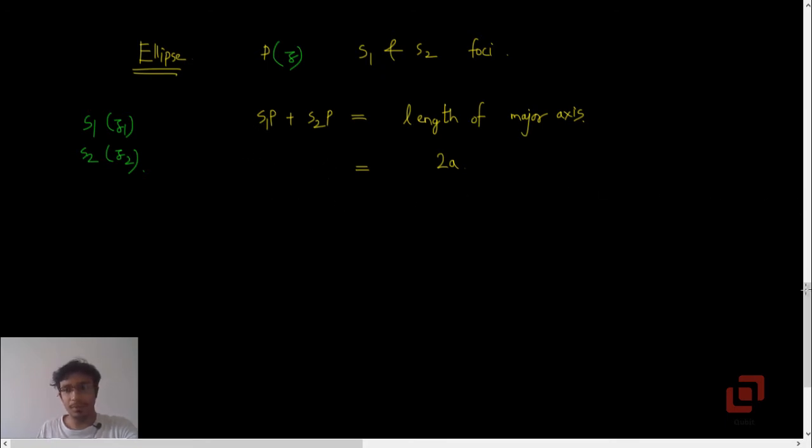Just now we have talked about that. The distance is going to be mod of z minus z1, and then distance between S2 and P, mod of z minus z2. So this is equal to 2a, which is the equation of the ellipse using the complex numbers. Then let's go to hyperbola.